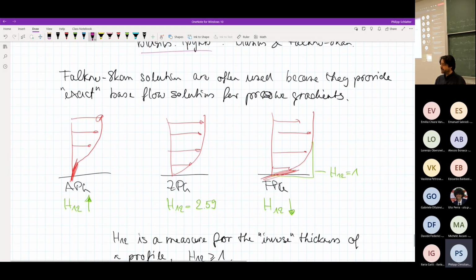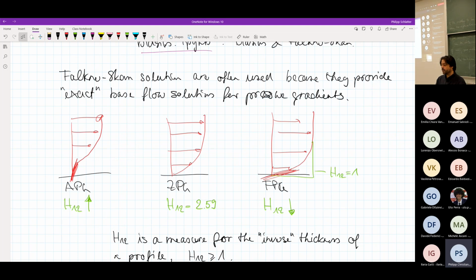Okay, but with this, I would like to conclude, not for today, but for this part. I would like to stop talking about boundary layers and continue with stability.